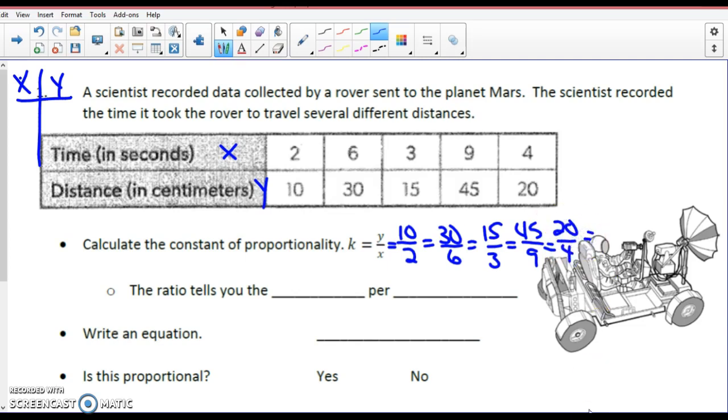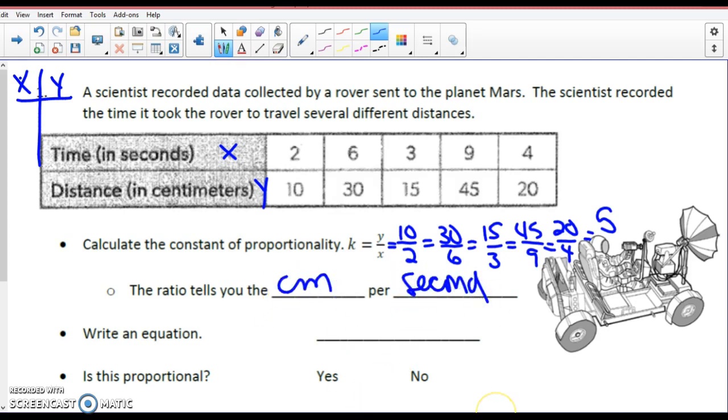Now, I think that every single person in this room, you guys are good with numbers. You can see that every single one of these is going to be 5. Right? They're all 5. So, our unit rate or constant of proportionality or rate of change is 5. 5 what? Look at our labels. Charlie. 5 centimeters per second.